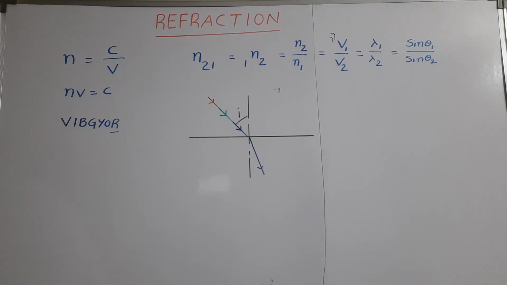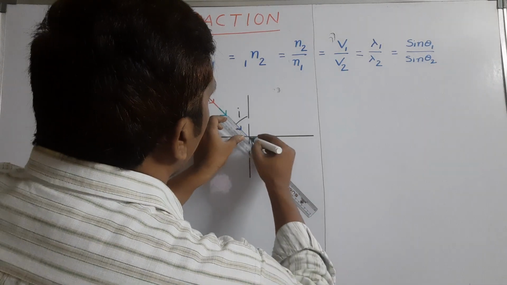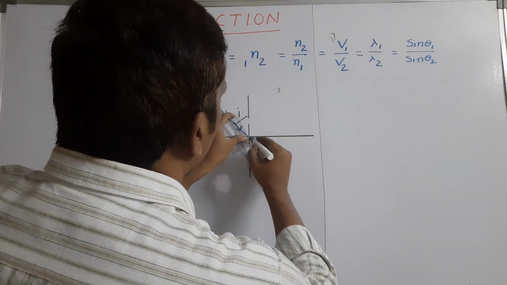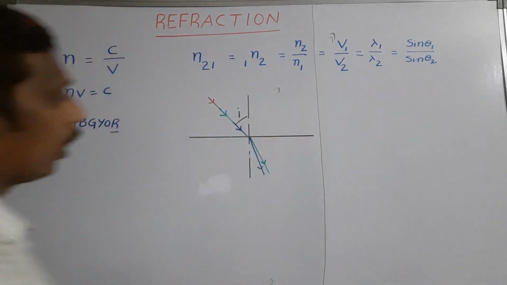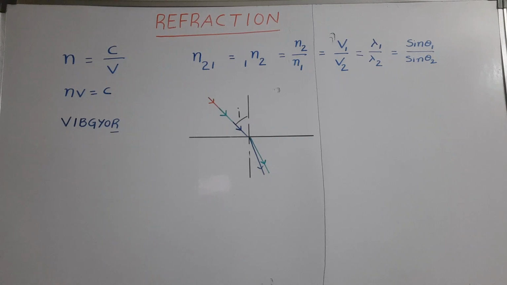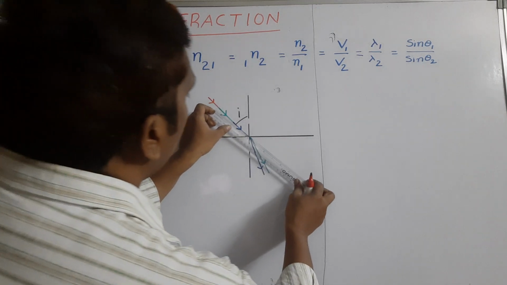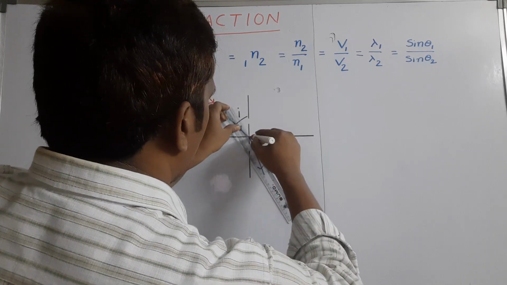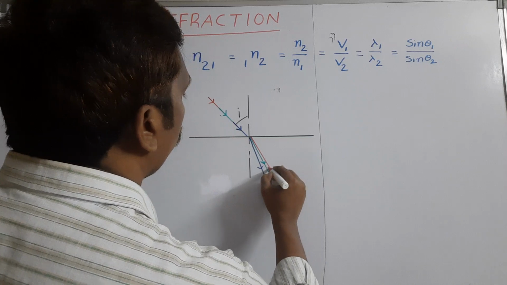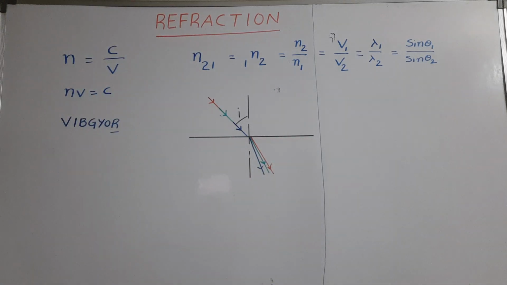And next, less deviation, so next for green, it comes like this. And after that, red color comes because red color deviation is less. So they will come out like this.